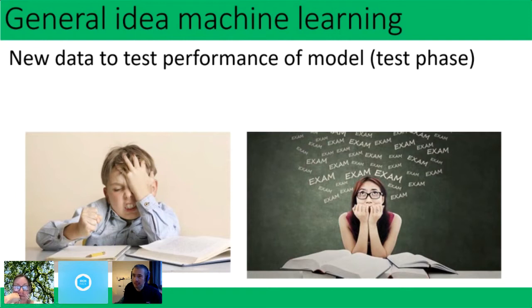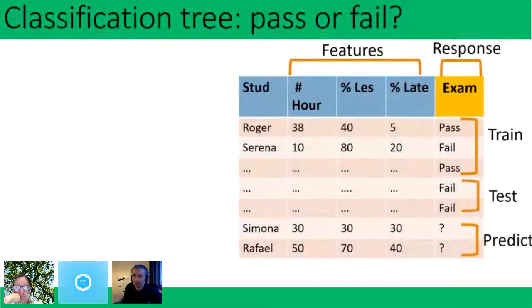And now let's try to see a practical example. Like I said, we'll focus our attention on a classification problem. The classification problem that I would like to present here is the problem of a teacher that wants to predict whether his or her students are going to pass or fail the exam at the end of the course based on a series of data.